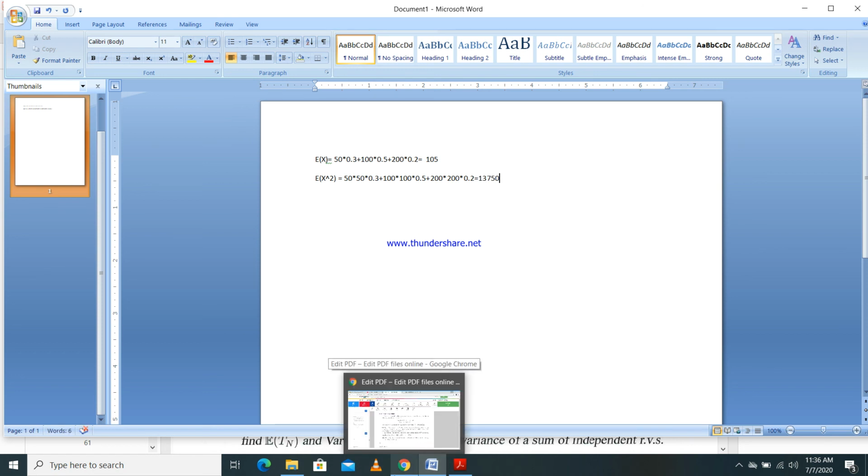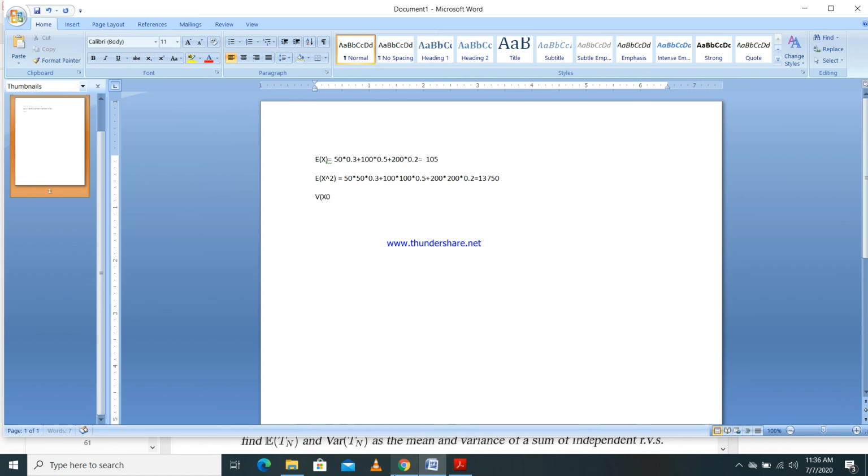13,750. Right? But this is not what we are interested in. We want to calculate the variance of x. So variance of x, we know that is equal to expected value of x squared minus the squared value of expected value of x. Right? This is what you have to consider.